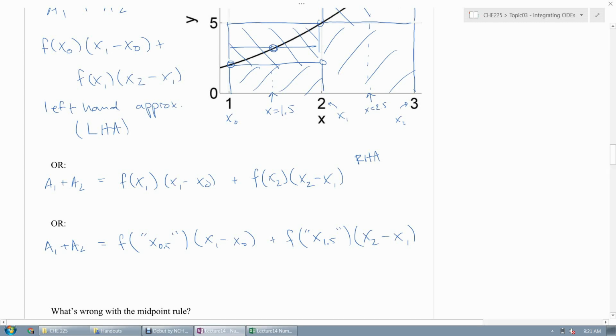And that's cool. Now notice, in each one of these, I should say this is called the midpoint approximation.